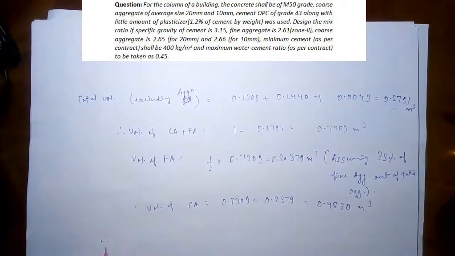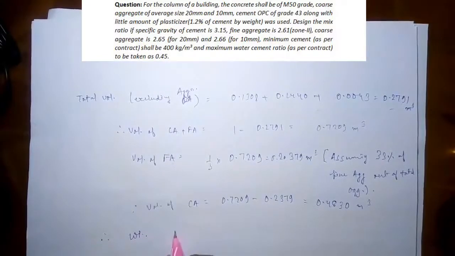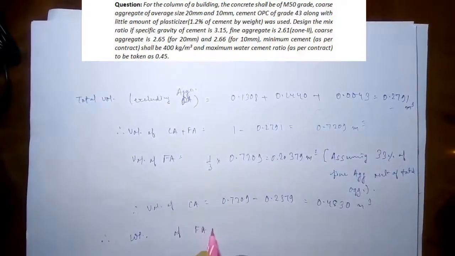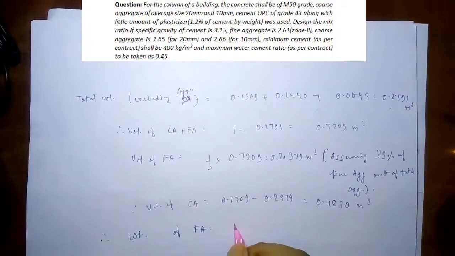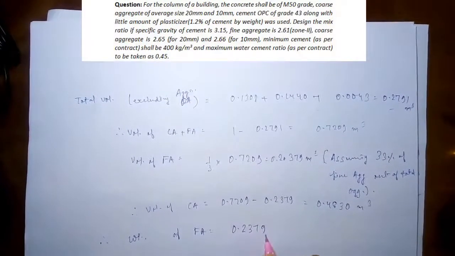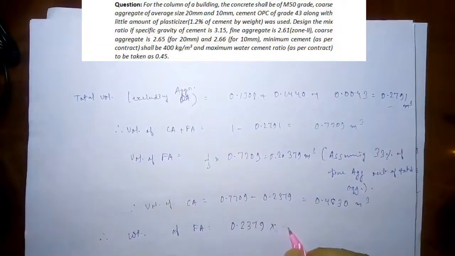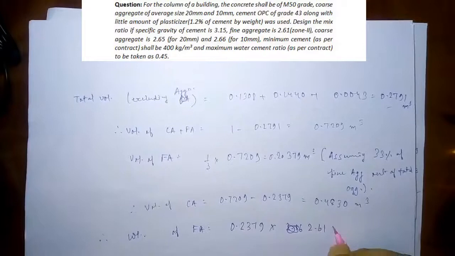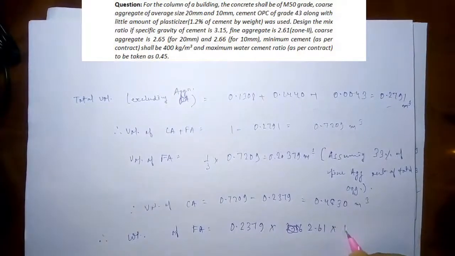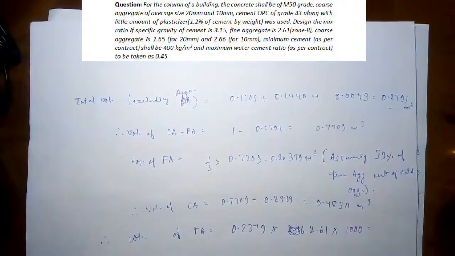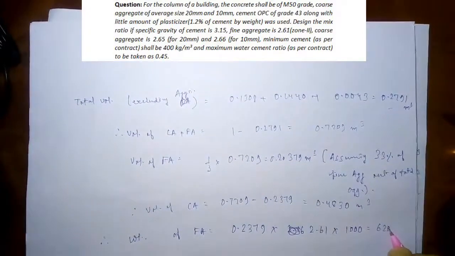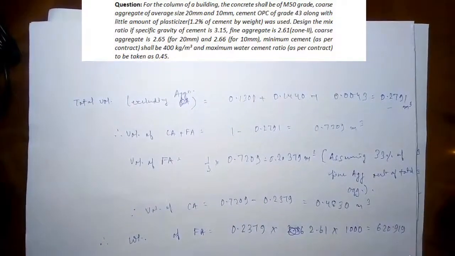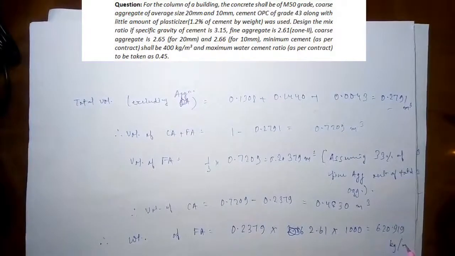Therefore the weight of fine aggregate will be equal to the volume multiplied by the density, that is 0.2379 multiplied by 2.61, which is our specific gravity, multiplied by 1000, and it is equal to 620.919 kg per meter cube.